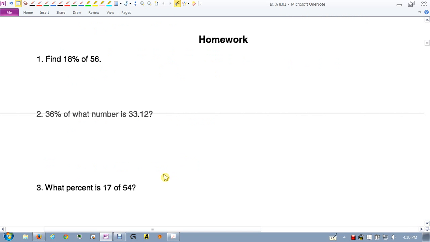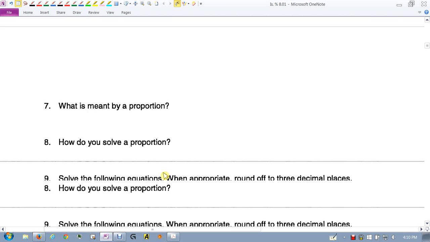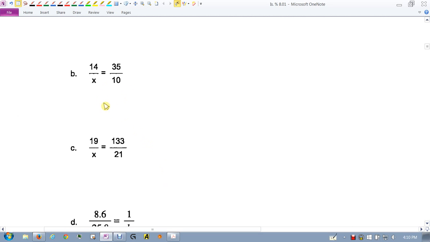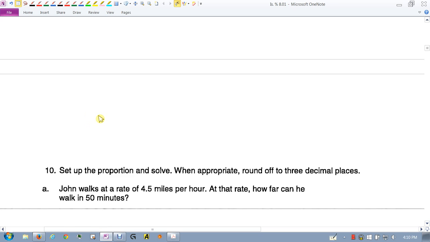We made it to the homework. So the homework is very similar to what we just did. There's lots of word problems in here. We've got some proportion problems. Remember on these proportions, cross multiply.